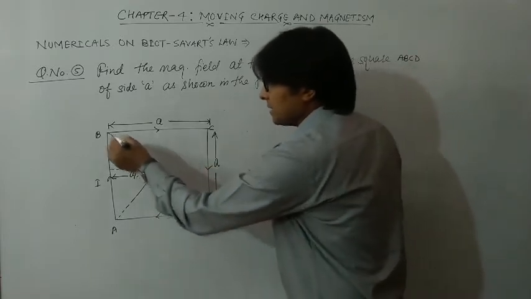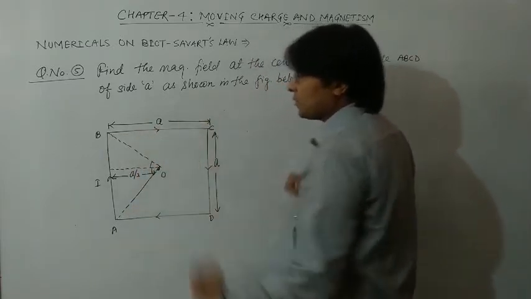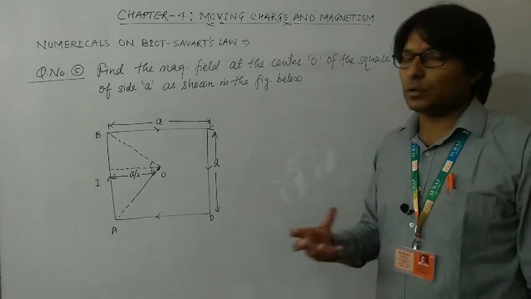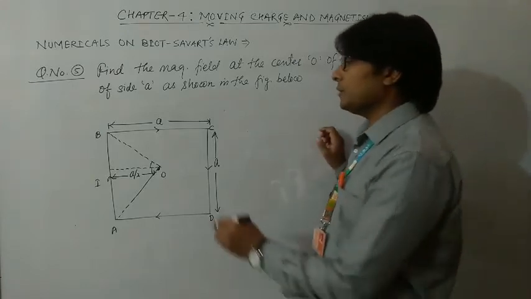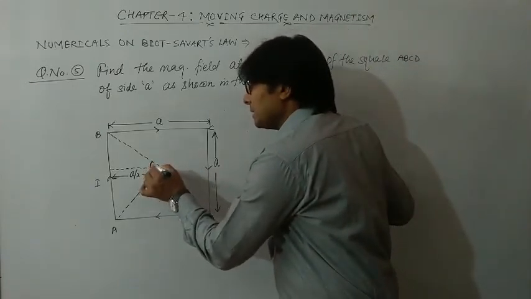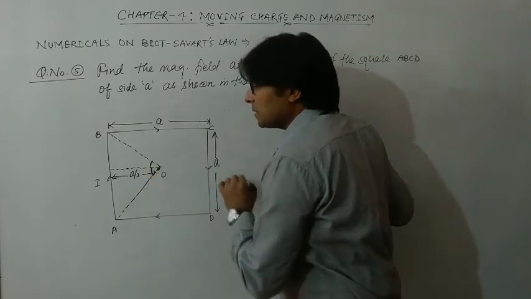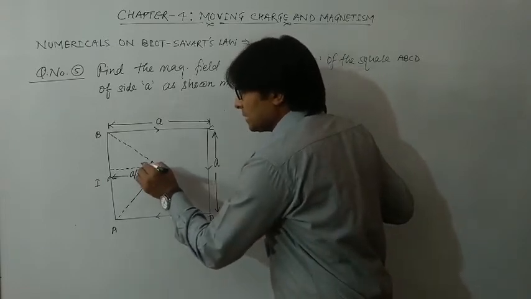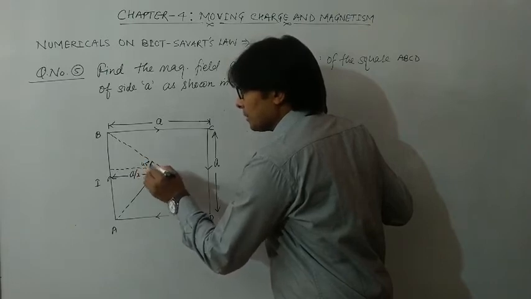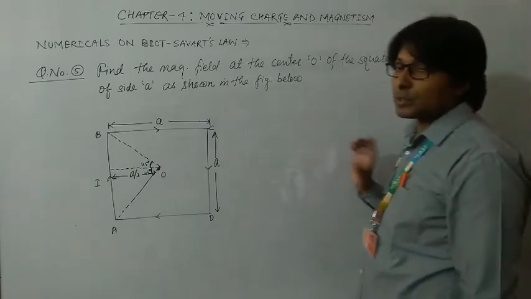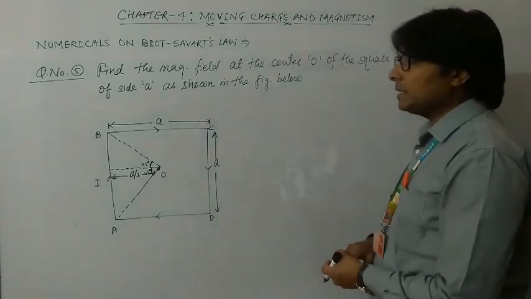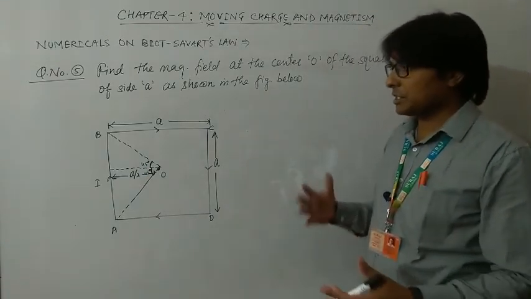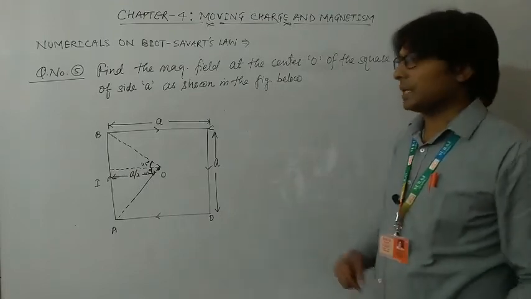These are the diagonals, in fact, and the diagonals of a square intersect each other at 90 degree angle. So definitely this angle is 45 and this angle is 45. So I can say that phi 2 is 45 and phi 1 is also 45 degree. This is only valid for the case of a square. In case of a rectangle, it will change according to the length and breadth.